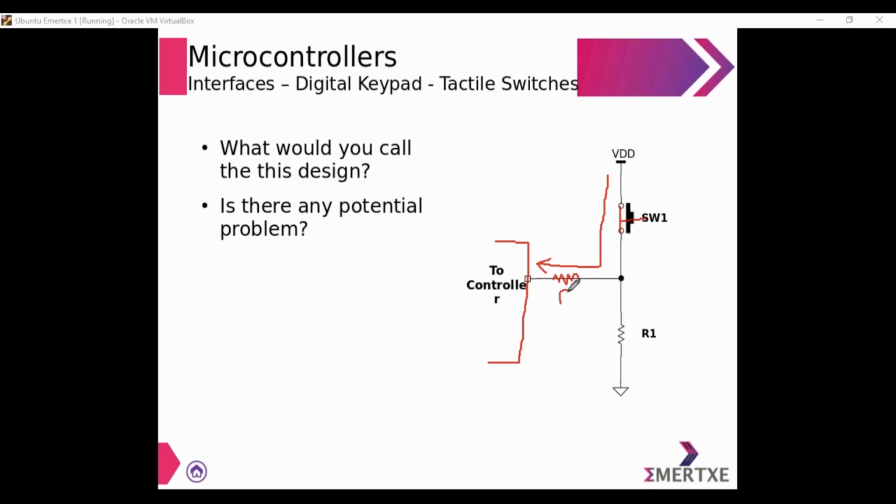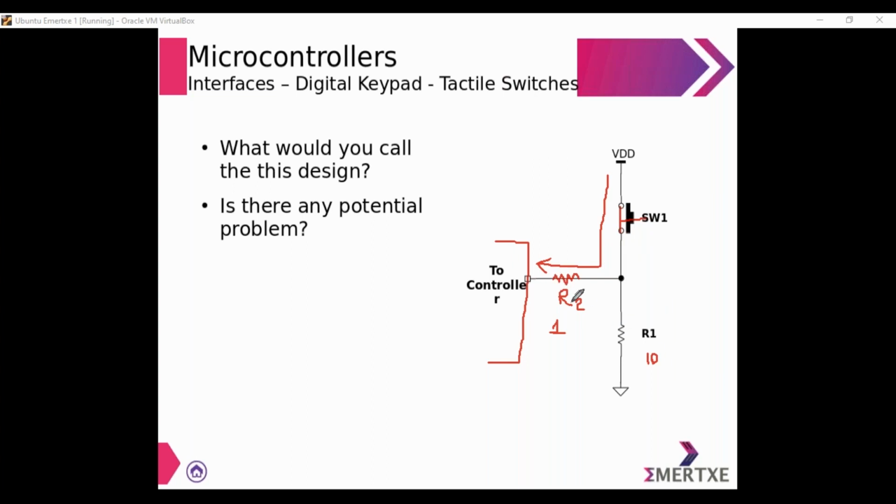So there is a rule to be followed. This R2 should be 10 times lesser than R1. If you take R2 as 1 ohm, then R1 has to be 10 ohms. So remember R2 should always be lesser than R1. Only then will current from the VDD flow to the microcontroller whenever you press the switch.